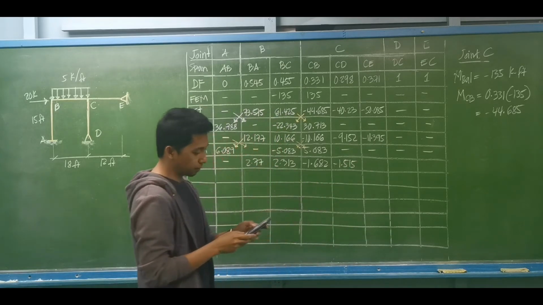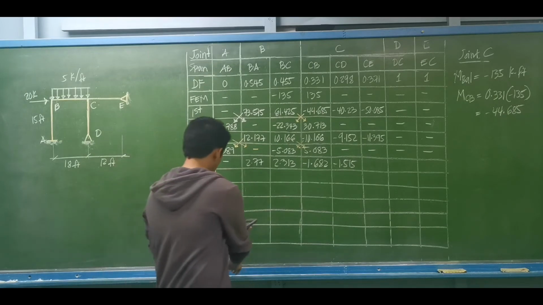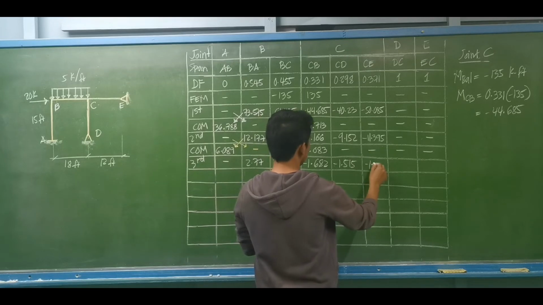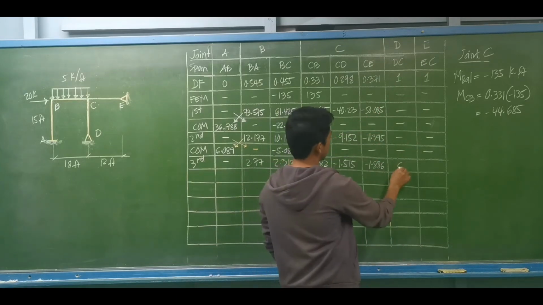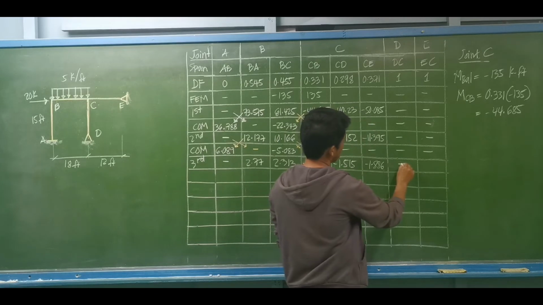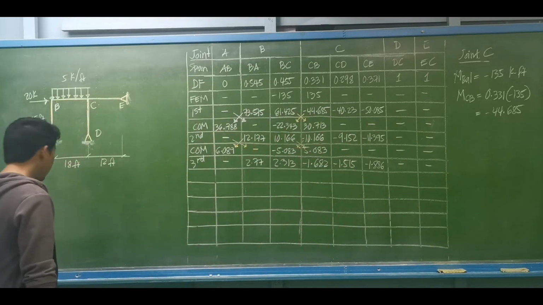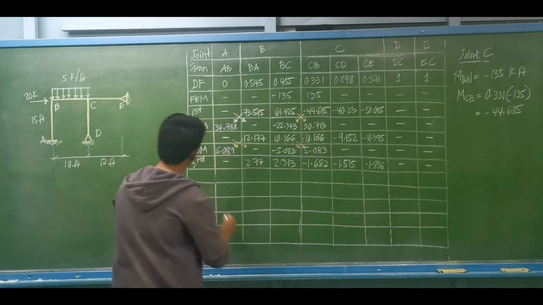And then we have 0.371 as a factor, and we have negative 1.886. And again, 1 times 0 is 0, so just leave it as a dash. That will be our third distribution. After distribution, we proceed to carry over moments.